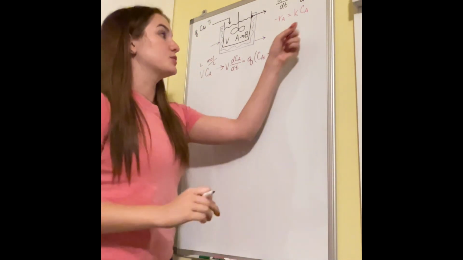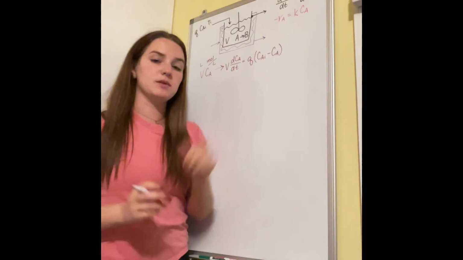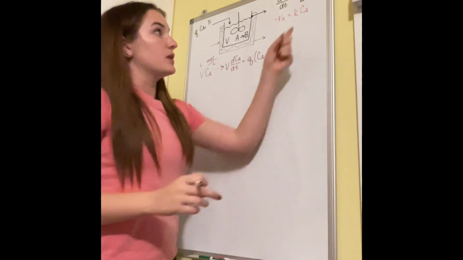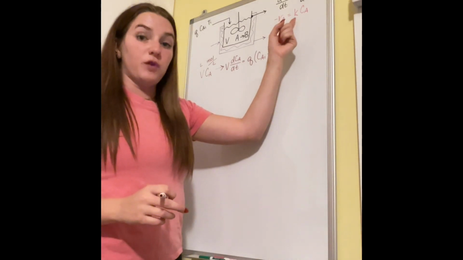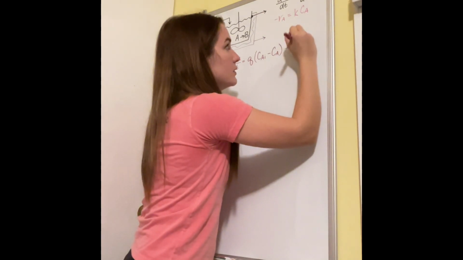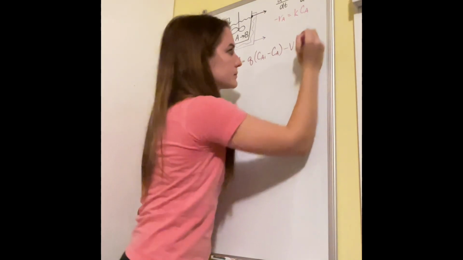So we need to subtract this from our balance equation. But we know that this is volume based, so we need to multiply it by the volume. So we need to subtract volume times K CA.